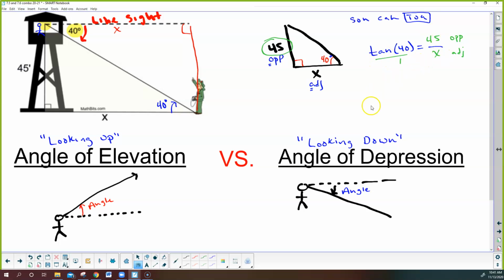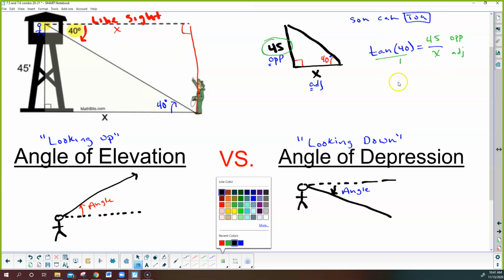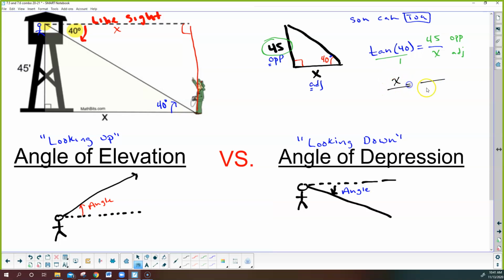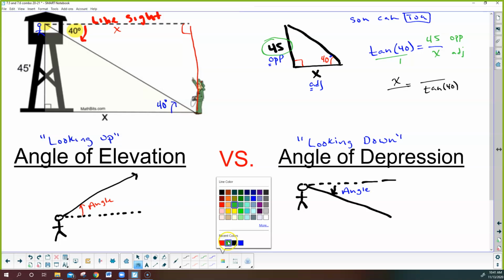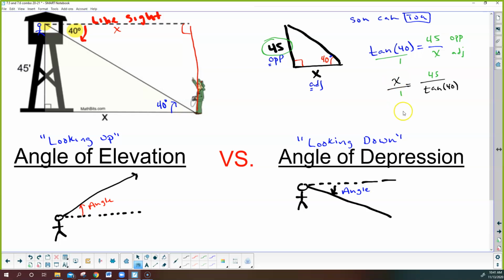And then it's the same work that we did before. So when your variable is on the bottom, instead of cross multiplying, you can just switch the spot of the x and the tangent. And that would leave the 45 in its spot and the 1 in its spot. But then this just says, oh, okay, well, x divided by 1 is x, and then use your calculator to figure out what is 45 divided by the tangent of 40.